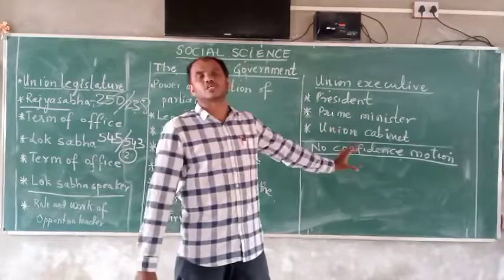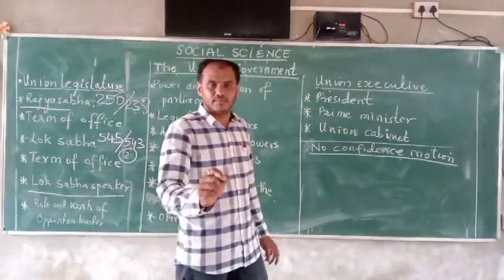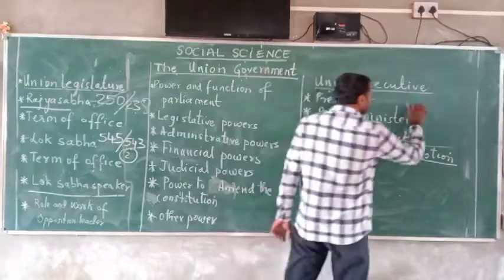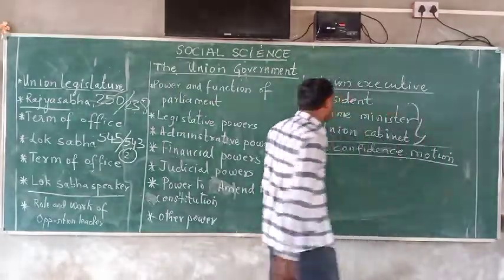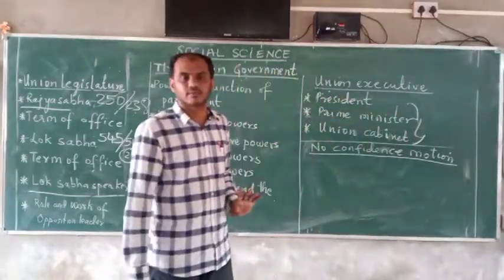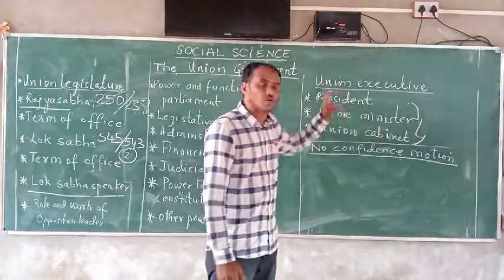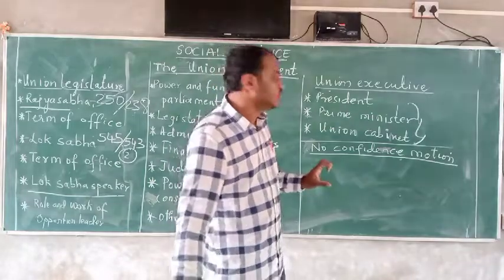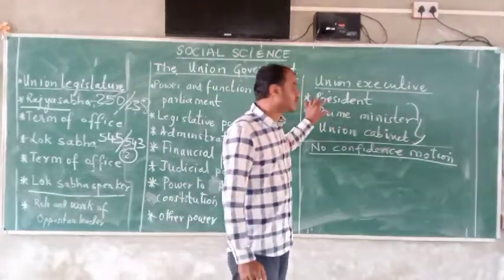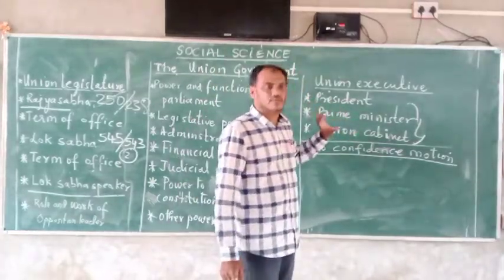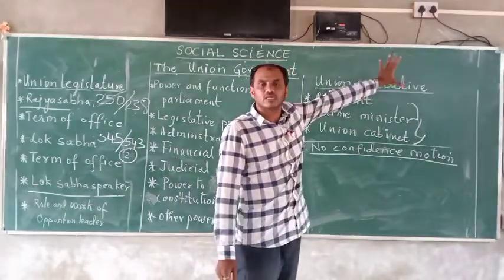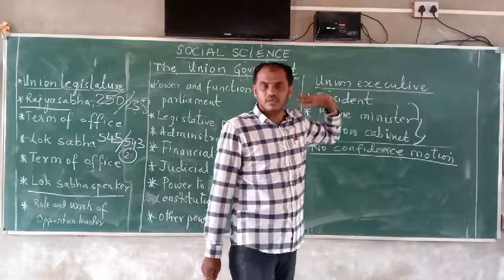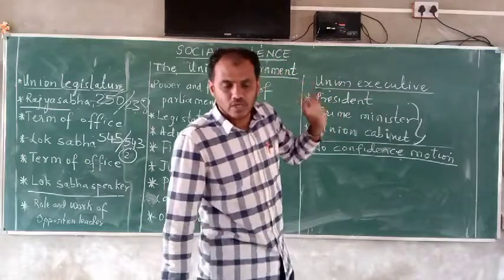He is the head of the executive, but the real power is vested in the hands of the Prime Minister and the Union Cabinet. They are the real persons who run the government. He is just the constitutional head of the Union Executive.